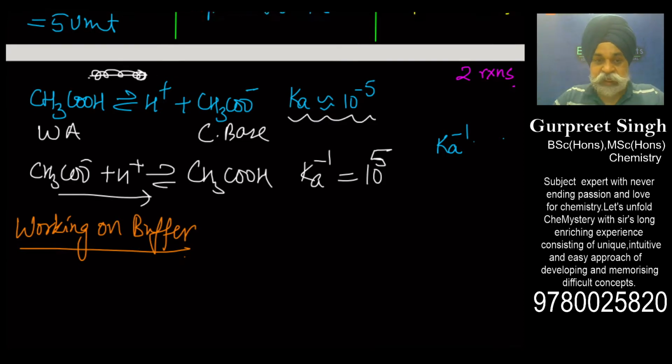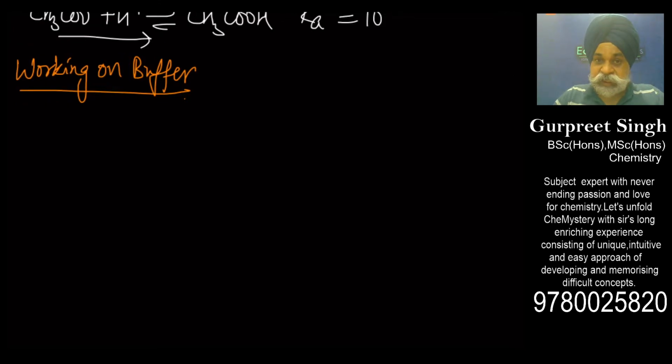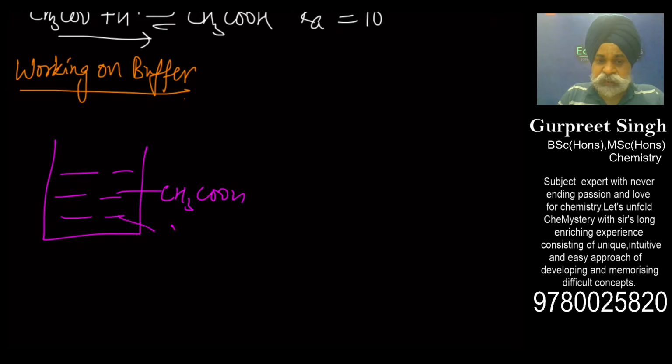Now the fact of the matter is, how do I explain why in the second case the buffer action was very effective, why the pH has not dropped much. Now try to understand, this is again a very interesting point. Say for example, I have taken again acetic acid, just to make things easier and speedy, and sodium acetate.